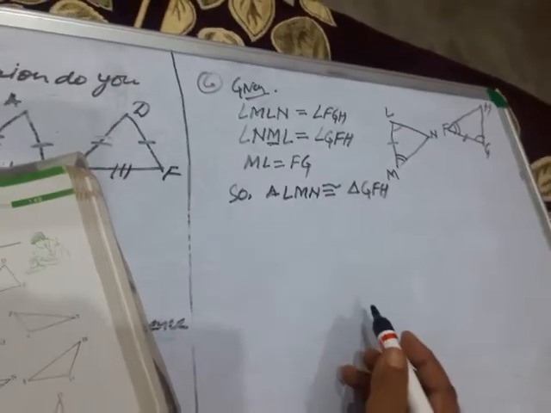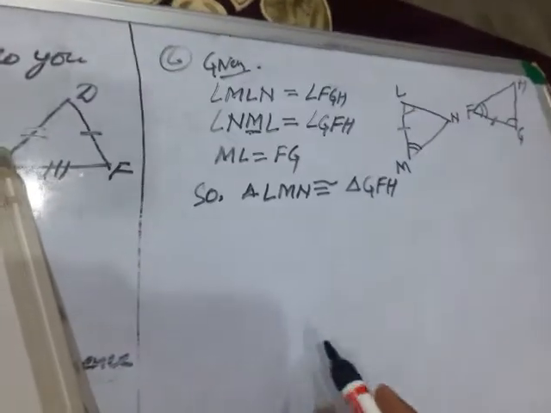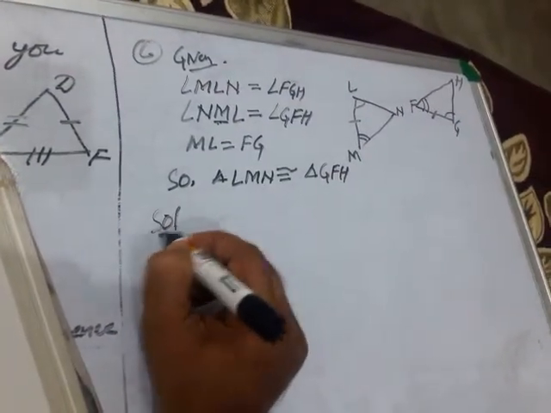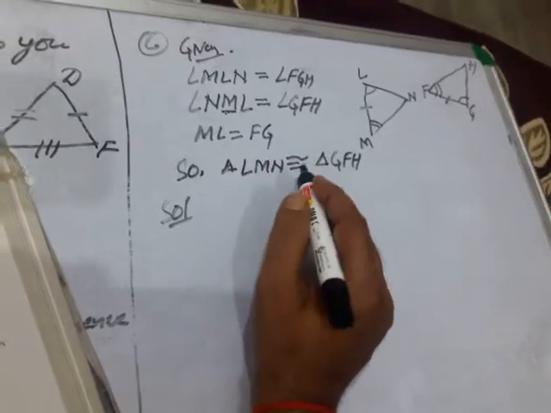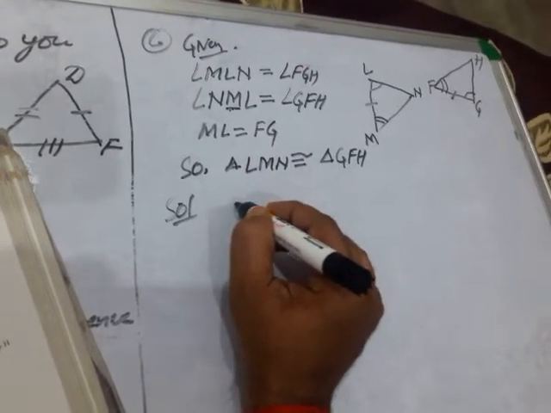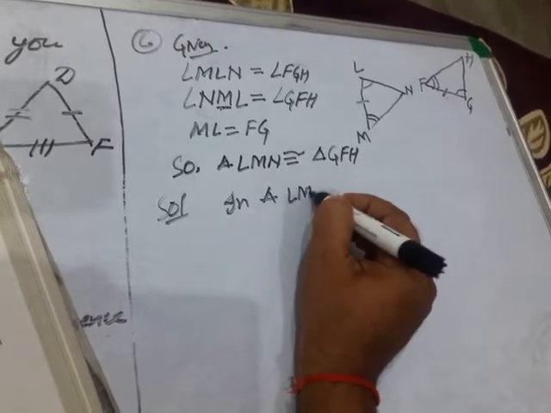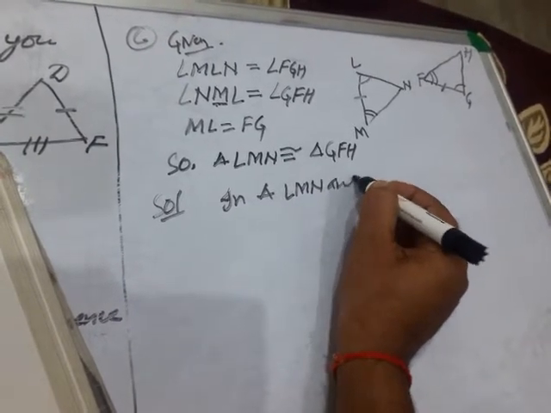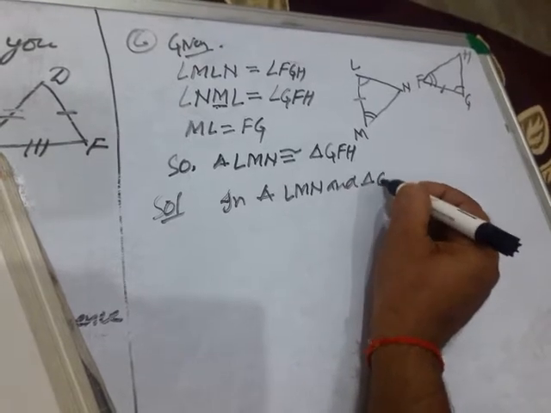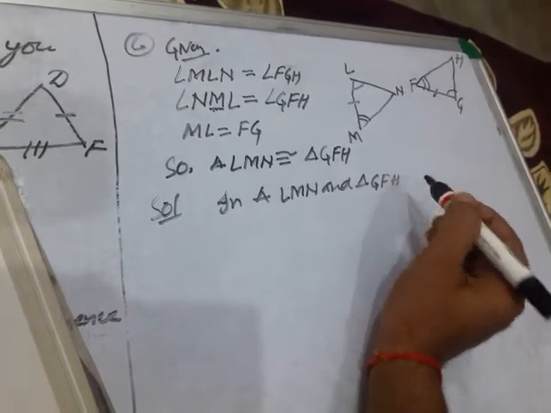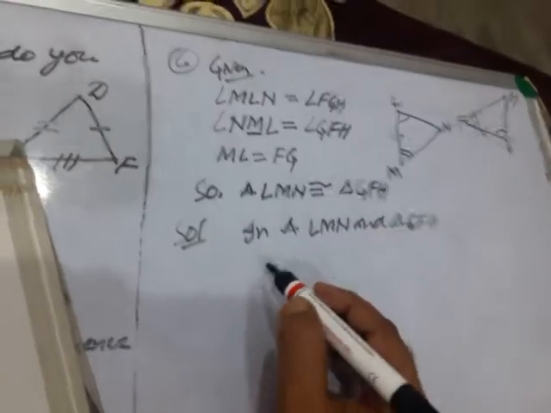Here, how will you find out which congruence criterion to use? How will you write it in your copy? Start the solution: in triangle LMN and triangle GFH. Don't write the answer directly, children. Follow the steps.